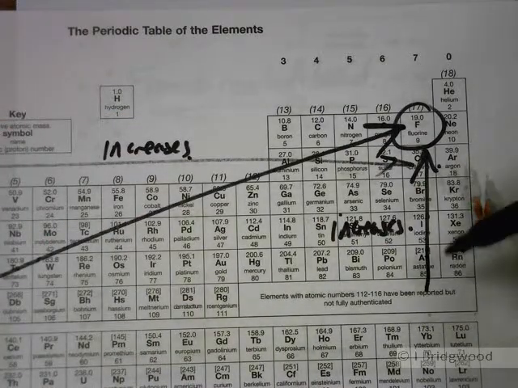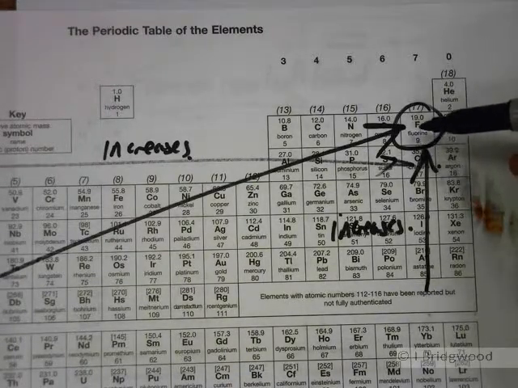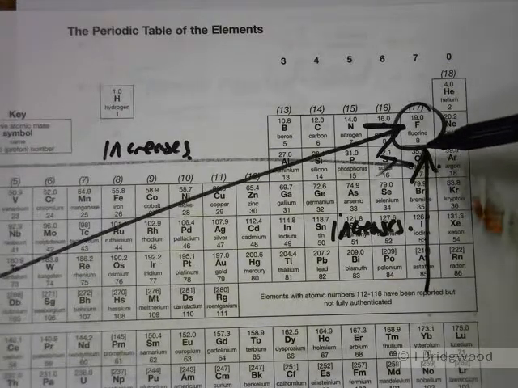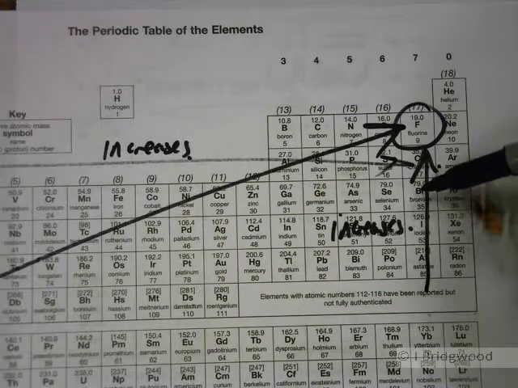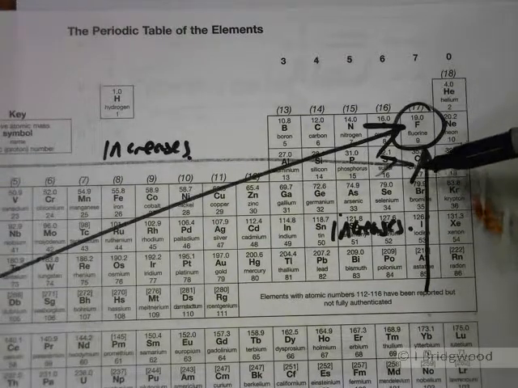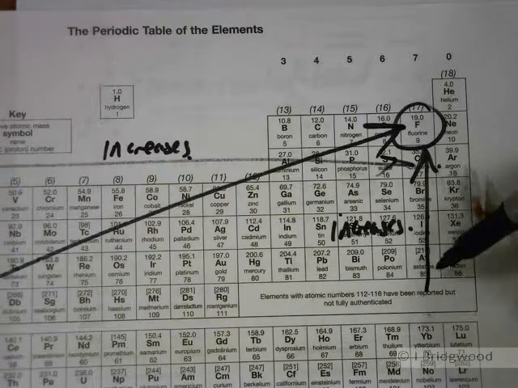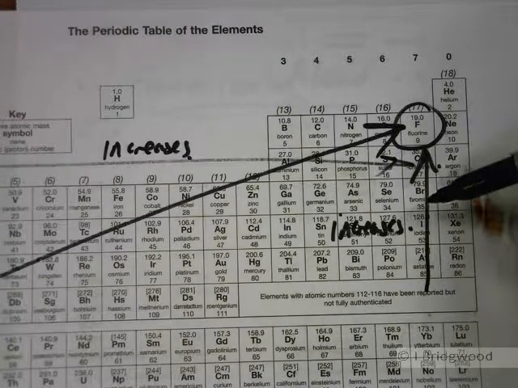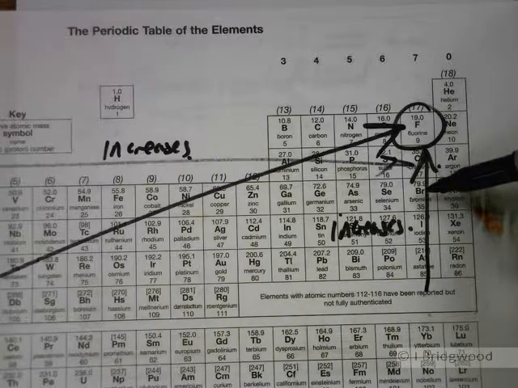Similarly, as we go up a group in the periodic table, the size of the atoms decreases. Similar sort of shielding, I suppose you could say, because the shielding electrons would tend to balance out the extra nuclear charge on the atom.